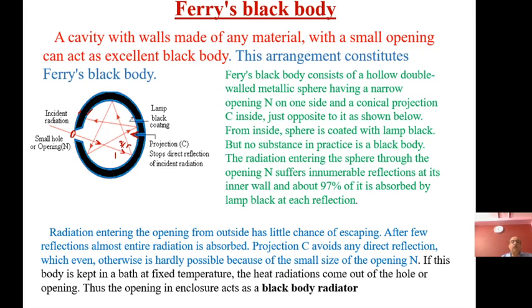Now, if this Ferry's black body is heated, it will radiate all the wavelengths through this narrow hole. Thus the opening of this body is called a black body radiator.